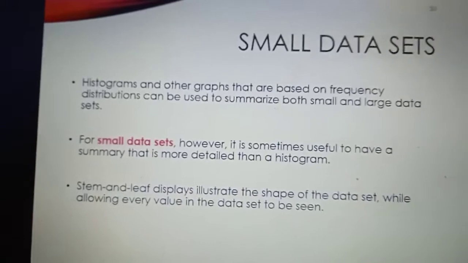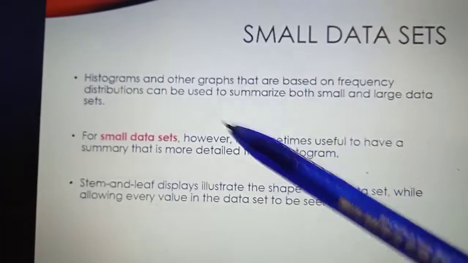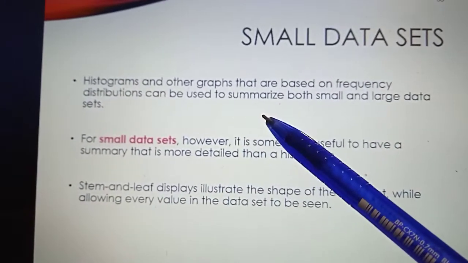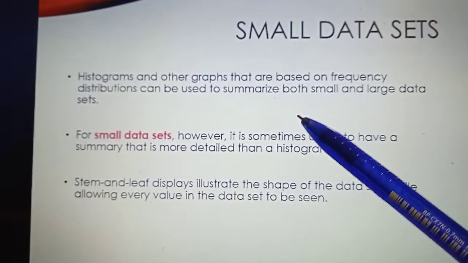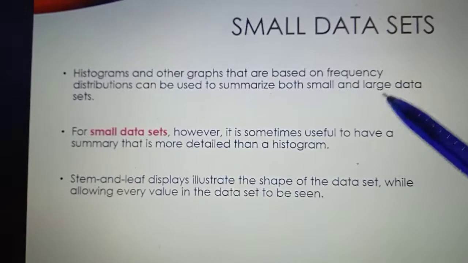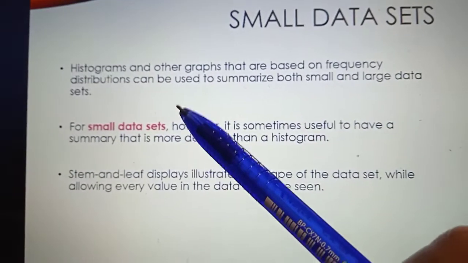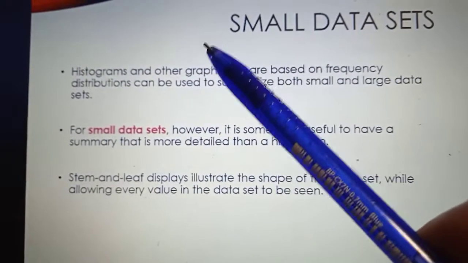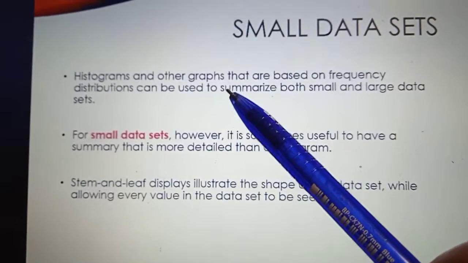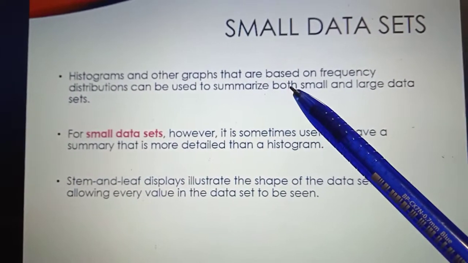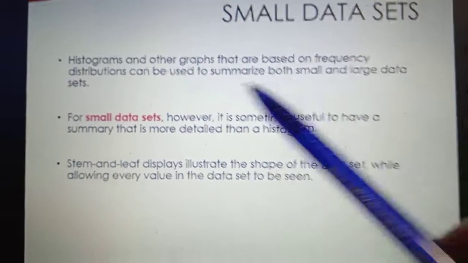Okay, next is about small data sets. Histograms are graphs based on frequency distribution, and can be used to summarize both small and large data sets. We have already learned the forms of graphs, and histograms can be used to summarize small data sets and also large data sets.